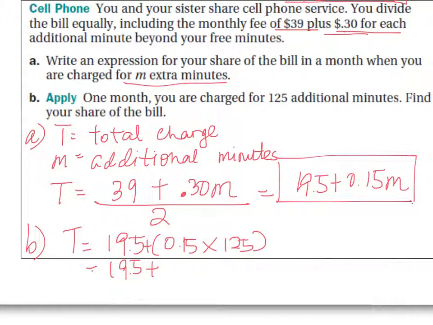I'm going to do the math. 19.5, copy again. 0.15 times 125 will be 18.75. I'm going to add this together. 18.75 plus 19.5 would give you 38.25. So $38.25. And that concludes our lesson.